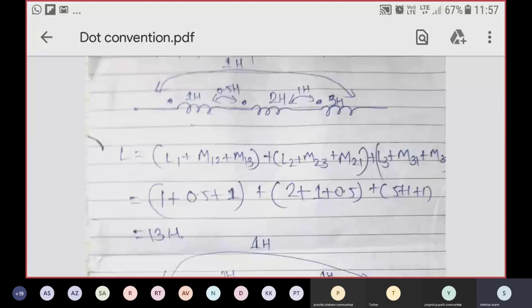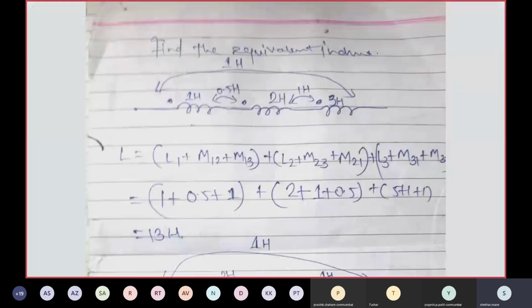Similarly for coil 2, L2 is 2 Henry. Then the mutual inductance M23. What is between them? 1. So M23 is 1. Then M21, what is between them? 0.5.